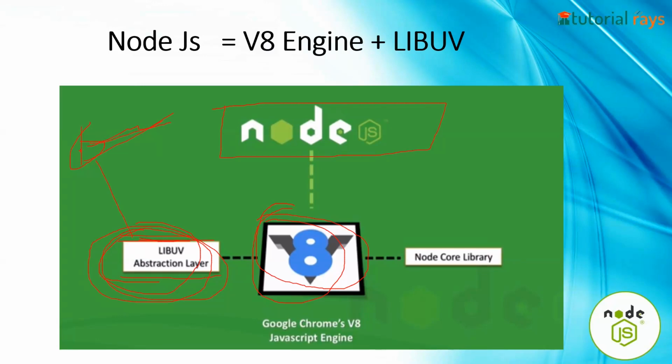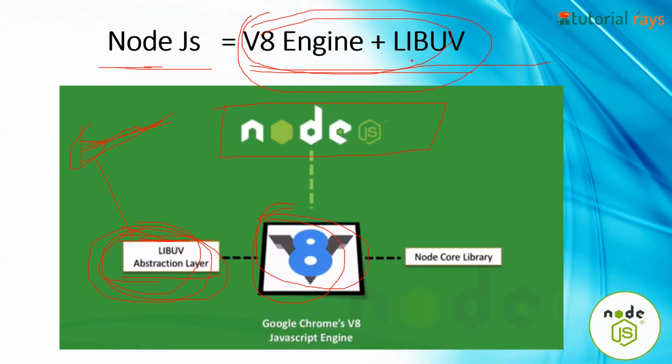We require this one. So we can say that the V8 engine plus libuv, this library, completes Node.js. In other words, Node.js is built using these two, the V8 engine as well as libuv. What is libuv? I will explain further.